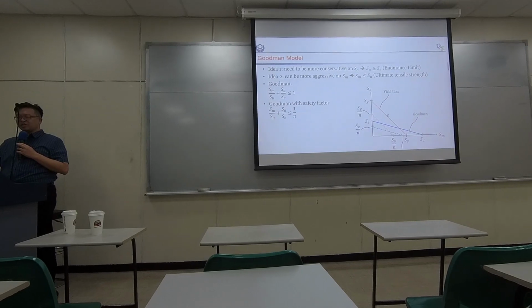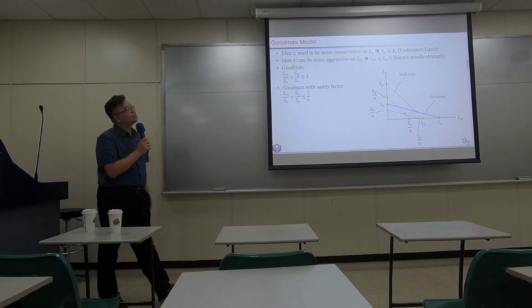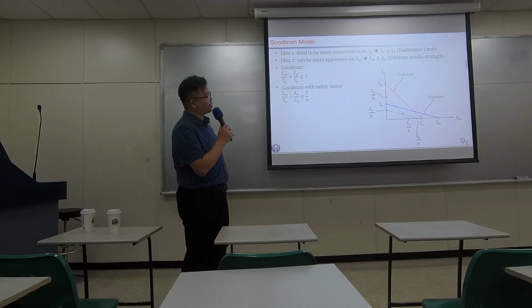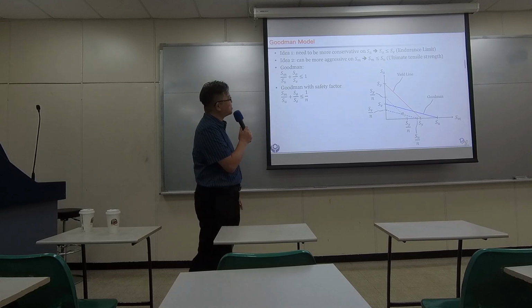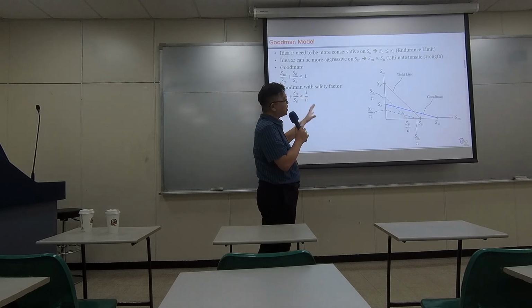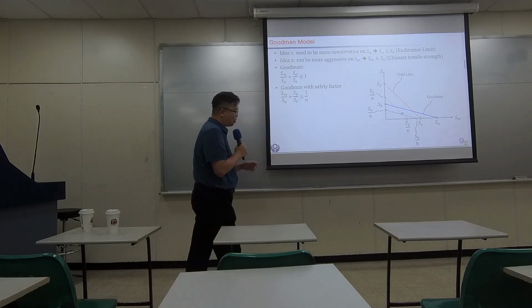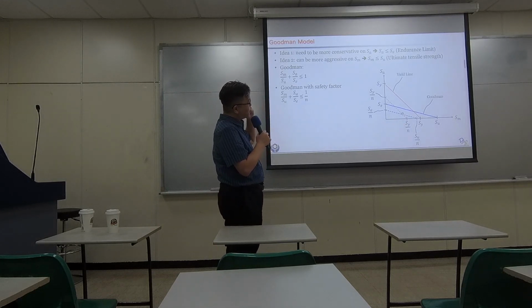However, there's a different model. There's someone called Goodman. So there's a good person in design of mechanical components. He's Goodman. Okay. So this person, Goodman, introduced a new idea about dynamic loading. And there are some reasons.